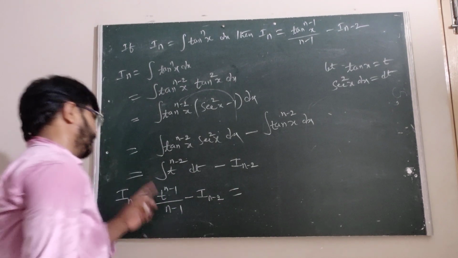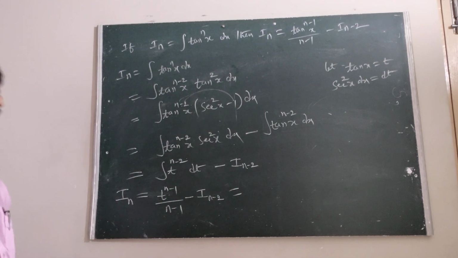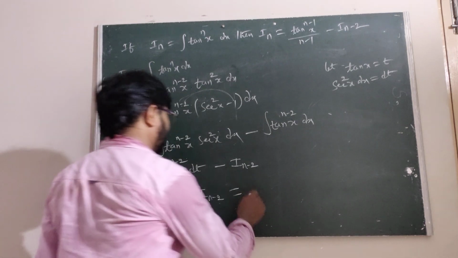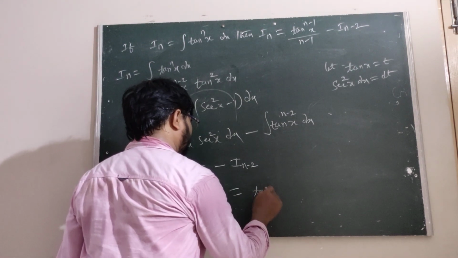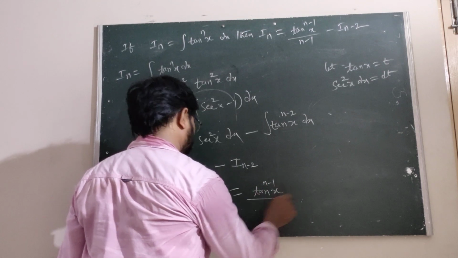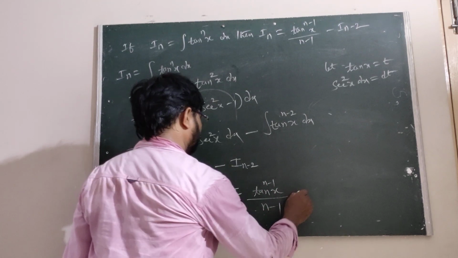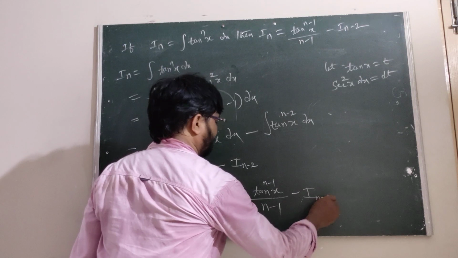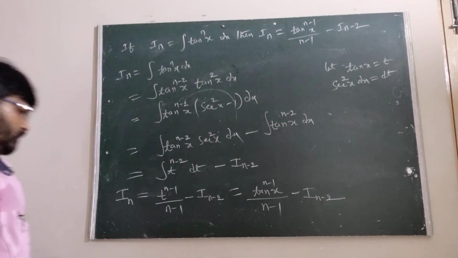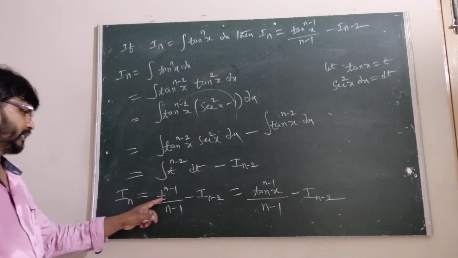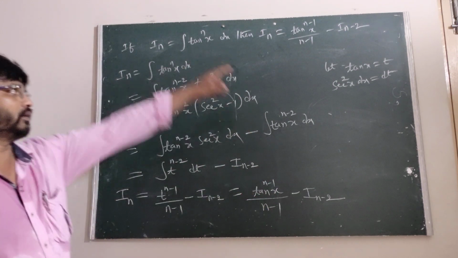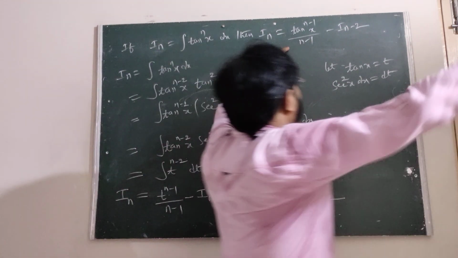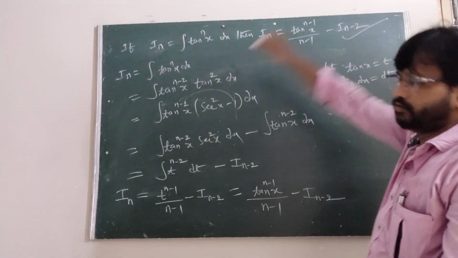What is the t here? T is tan x. Therefore, In equals tan x power n minus 1 upon n minus 1 minus I n minus 2. Is it clear? This is the solution.